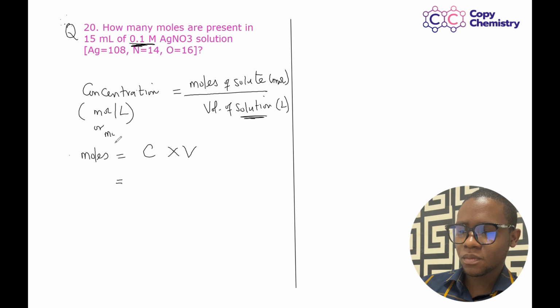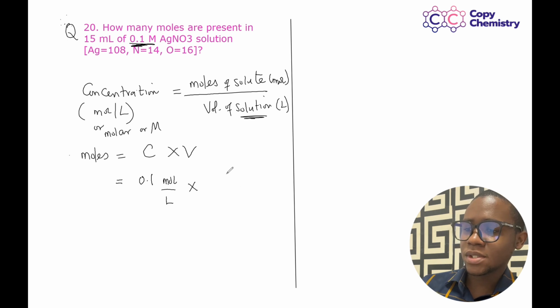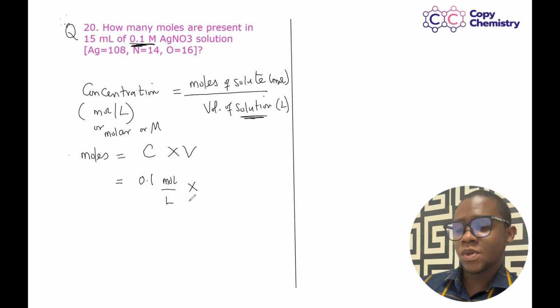So 0.1 mole per liter, and then you want to multiply this by the volume of the solution you're dealing with. How many moles are present in 15 ml of that solution? So the volume of the solution is 15 ml.